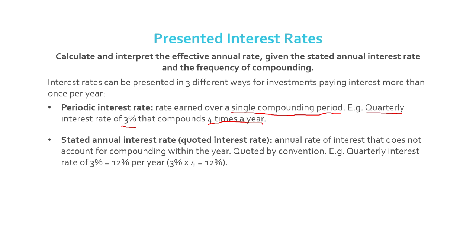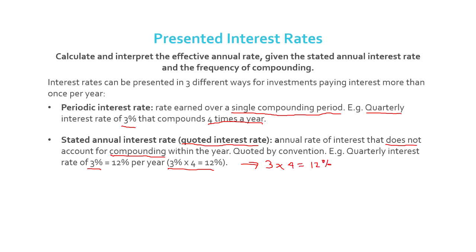One way is by using the stated annual interest rate, or the quoted interest rate. This is a bit of a convention in the finance industry. The problem with the stated annual interest rate is that it does not account for compounding within the year. So if we use our example from before, where we had our rate of 3% per quarter, if we multiplied that by 4, that would give us a quoted rate of 12% per year.